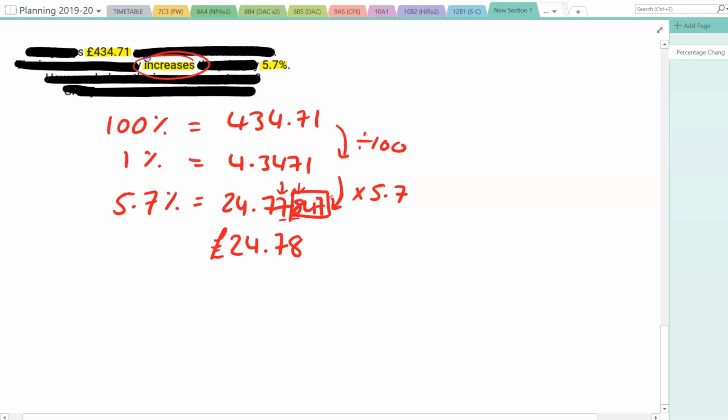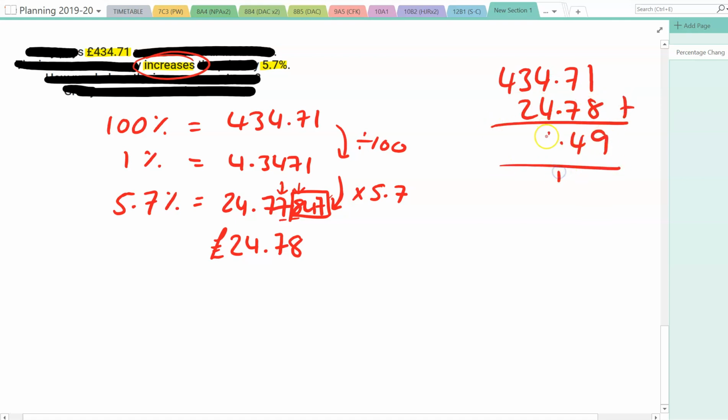So now we want to increase, so we're going to add on, so 43471 and 2478, 45949. So our answer is £45,949.